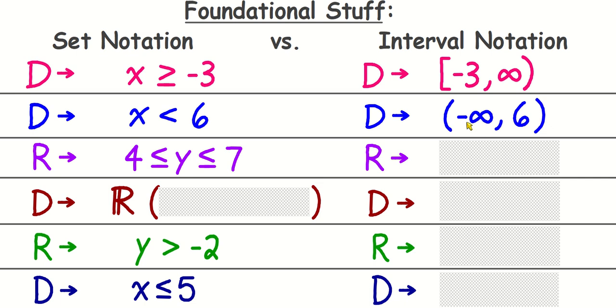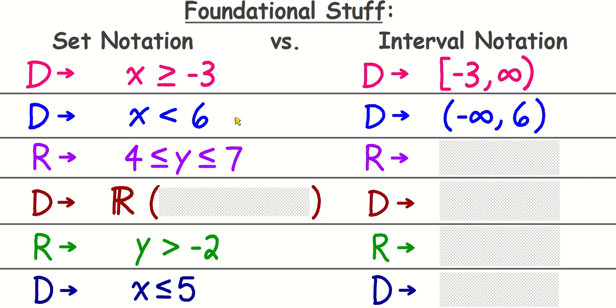If you've never heard of it until right this moment, negative infinity is a thing, as your numbers go to the left on the x-axis forever, towards negative infinity, okay?